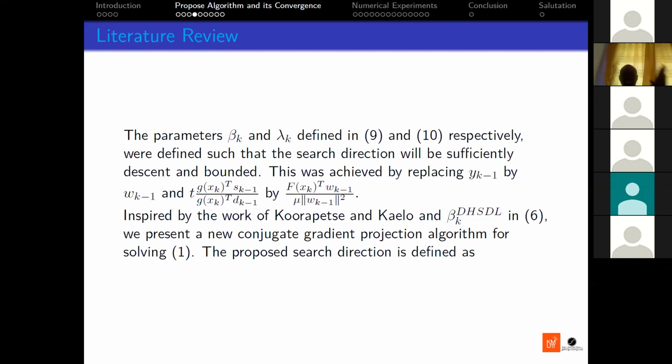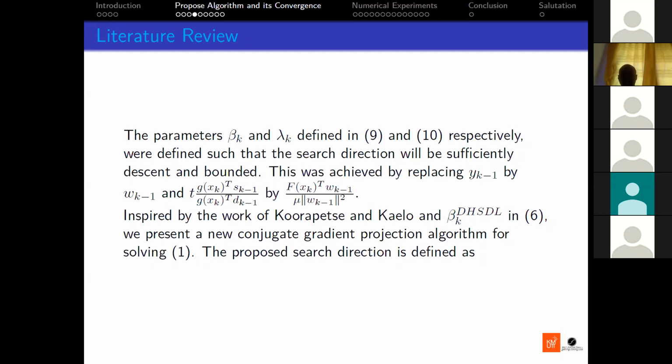And then in the other term, which they split into two, the first term of the beta k, they replace yk minus 1 with wk minus 1. And doing that, they achieve that the direction is sufficiently descent and bounded. Because to achieve the descent property and the boundedness, especially in unconstrained optimization problems, sometimes you need the line search.